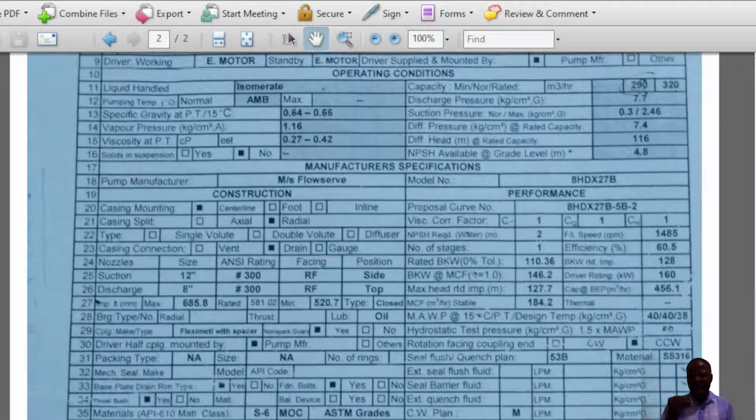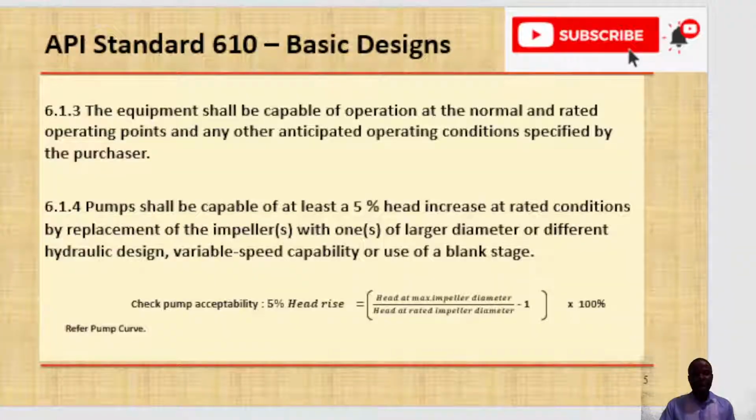So it is expected that the equipment the vendor will be supplying you shall be capable of operating at this normal capacity and the rated capacity. This is very, very important.